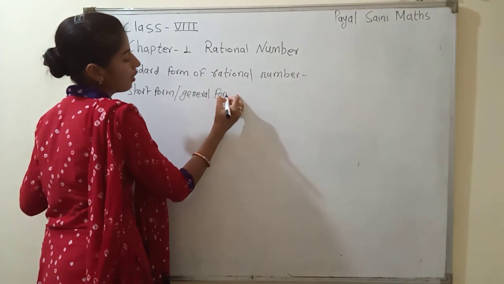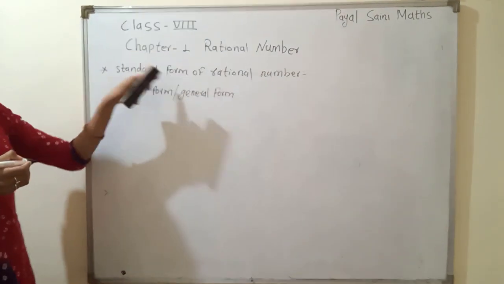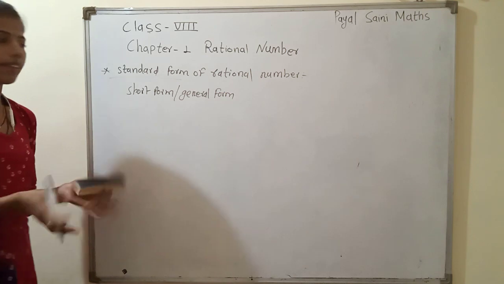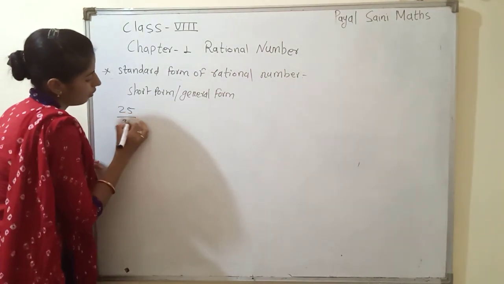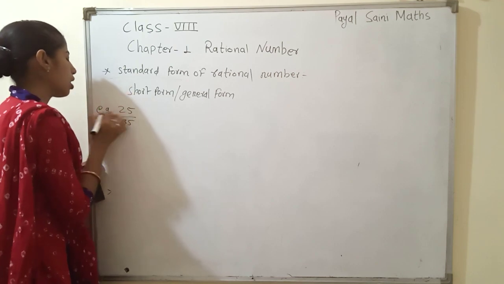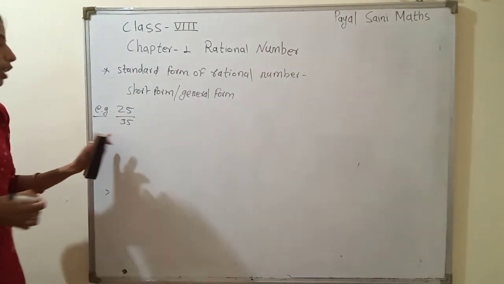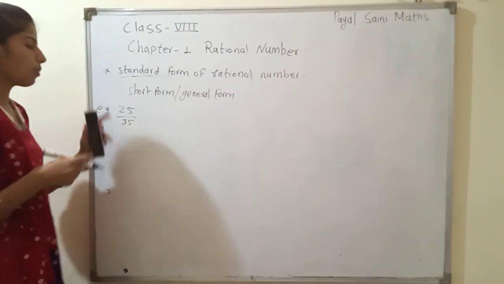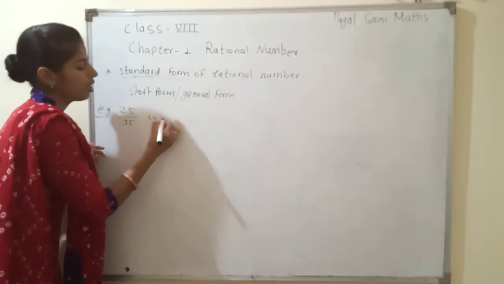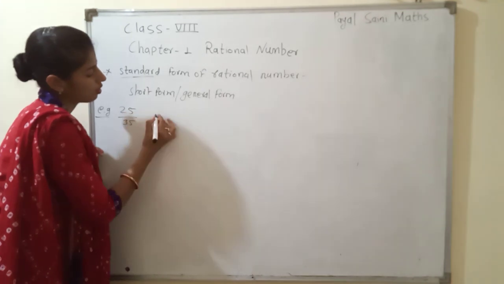We can say that after this the number is not divisible by any other number. Like that, I write an example, 25 by 35. When we convert a rational number into standard form, the first step is step number one.